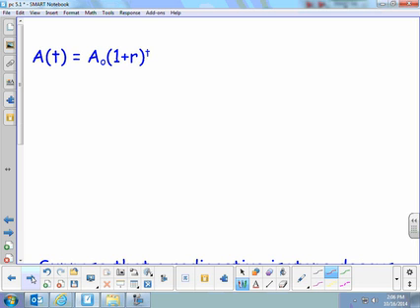So, we've got a nice formula that'll help us deal with exponential growth. It's A of t equals A naught times 1 plus r all to the t power. Well, let's figure out what each of these mean. Right here is your ending amount.